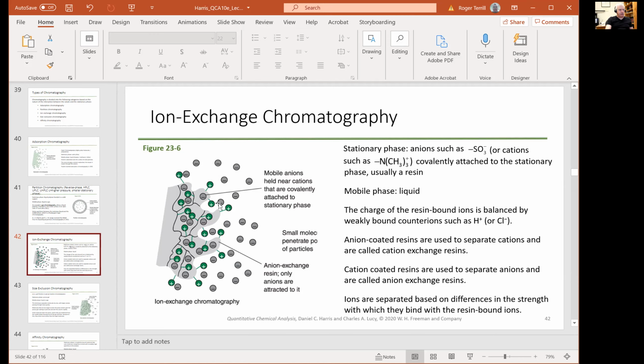There's a dissociation constant that determines the elution rate of a given anion down that column.